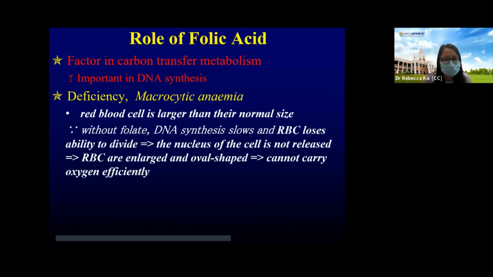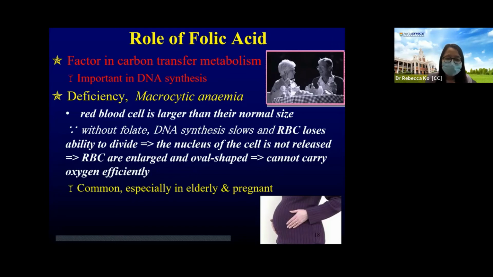Without the folate, the DNA synthesis will slow down, so the red blood cell loses the ability to divide into smaller parts, and the nucleus of the cell is not released. The red blood cell becomes larger and larger, and its shape changes as well. It can't carry oxygen efficiently. That is a big problem, you see.